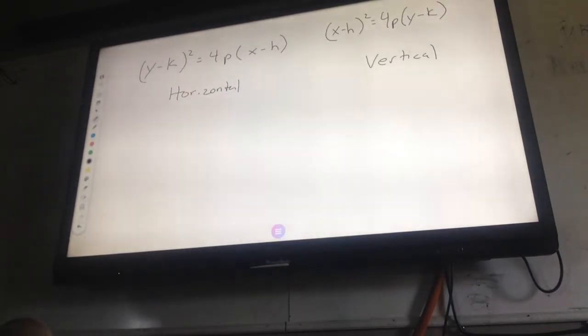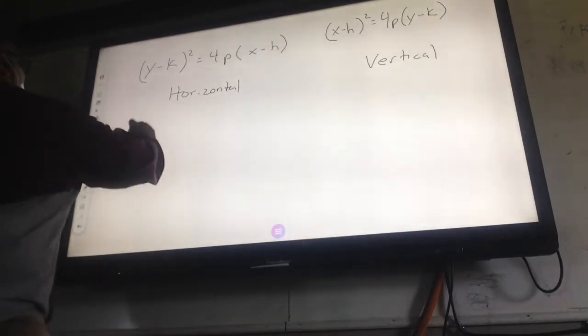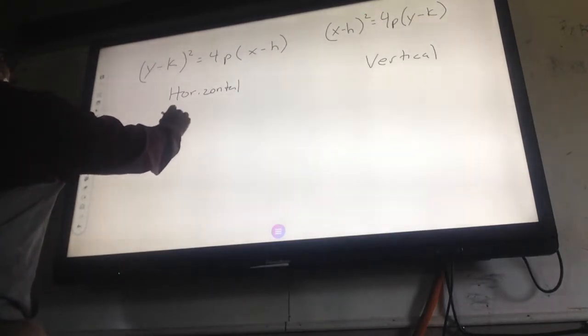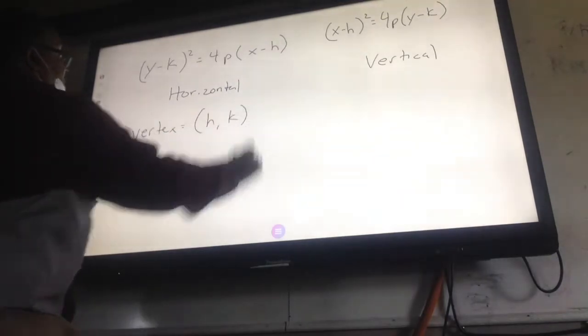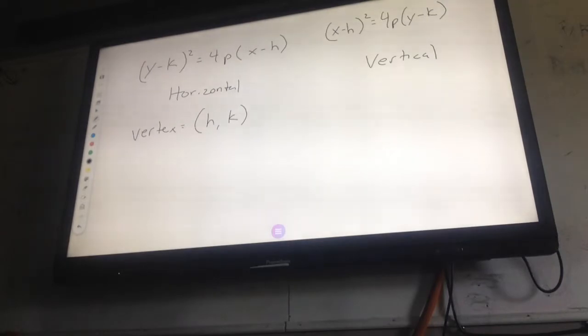So horizontally, well, let's talk about it. The vertex is h and k, whatever the value of h is, and whatever the value of k is. Now, everybody knows something about the formula?